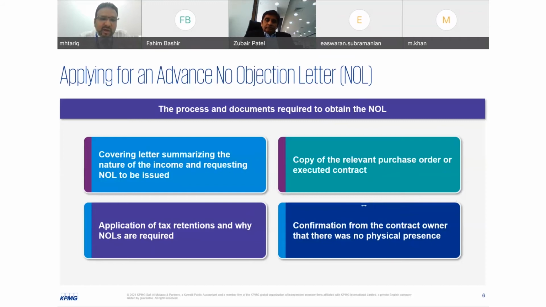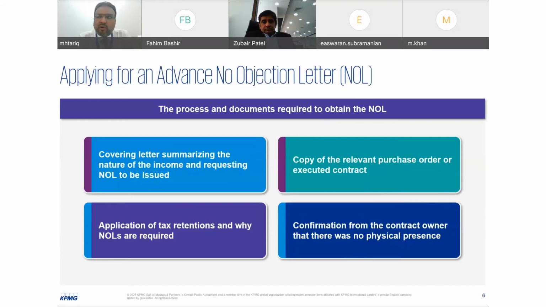There is a letter which the contractor should prepare from their side stating that they do not have any other contract in Kuwait, and it should be submitted with copies of all their contracts, any addendums, or any other terms of business added in the contract. This should be summarized in the letter, where they can confirm the scope of services part of the contract, and they can submit this request to the tax authorities.